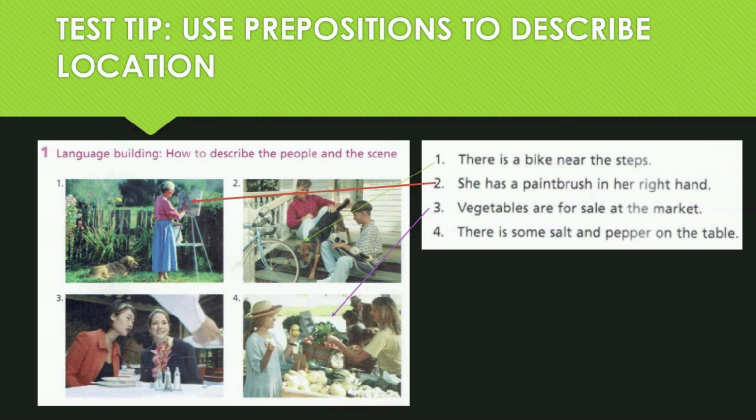In this one, the preposition that we used is on, and it describes picture number 3. So when you describe location, when you tell where things are or where people are, you have to use prepositions. Just like in these examples, we have near the steps, in her right hand, at the market, and on the table.